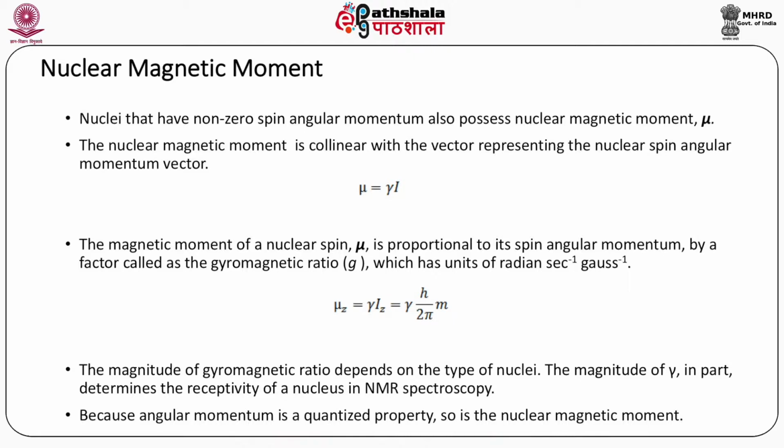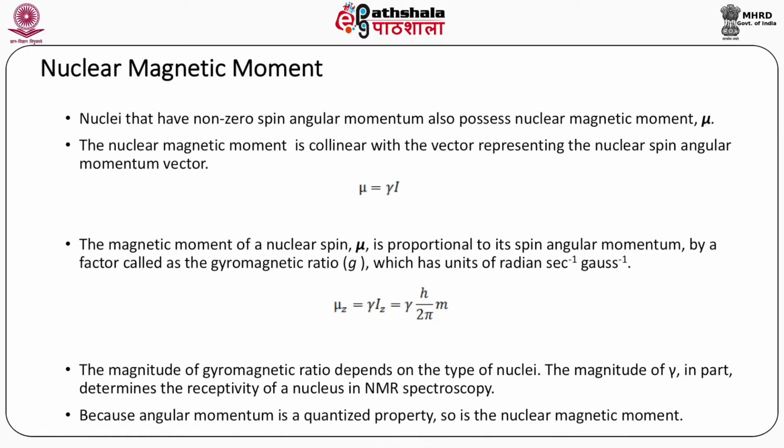Nuclei that have non-zero spin angular momentum also possess nuclear magnetic moment, which is given by mu. The nuclear magnetic moment is collinear with the vector representing the nuclear spin angular momentum vector. Mu is equal to gamma I. The magnetic moment of a nuclear spin, mu, is proportional to its spin angular momentum by a factor called the gyromagnetic ratio, gamma, which has units of radian per second per Gauss.